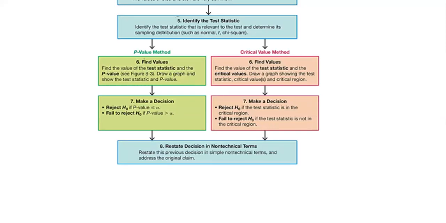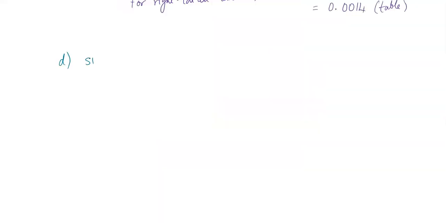Step 7 related to the p-value method says, reject H0 if p-value is less than or equal to alpha, fail to reject H0 if p-value is greater than alpha. So even though we're asked to answer step 8, we need to do step 7. Let me go over there and do step 7. So step 7 says, reject H0 if p-value is less than or equal to alpha. Okay. And then fail to reject.